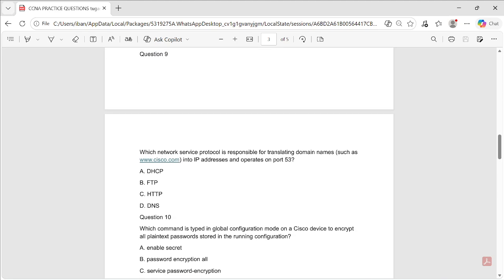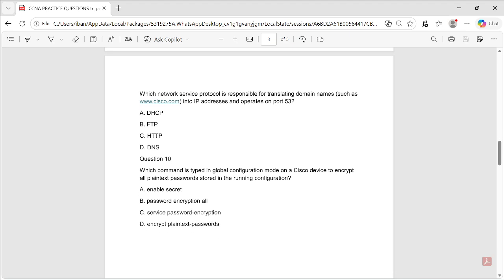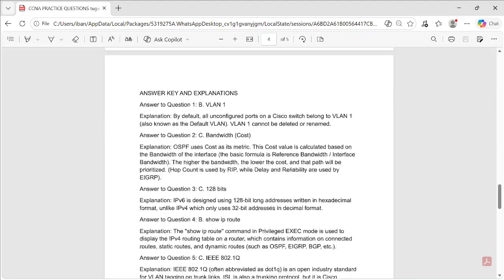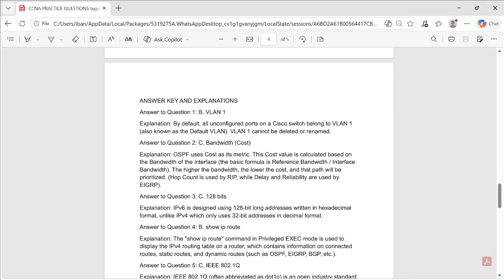That's question number ten. If you want the explanation, you can see the answer key and explanation here.